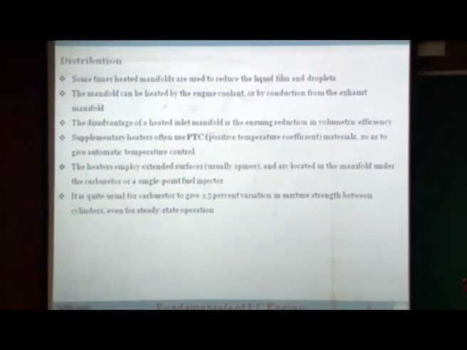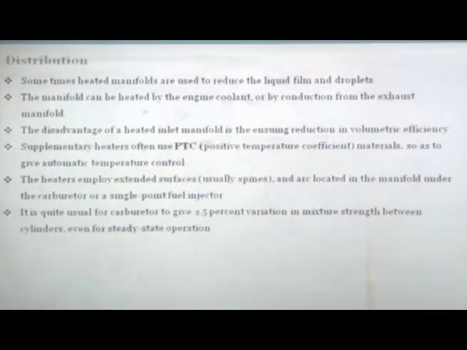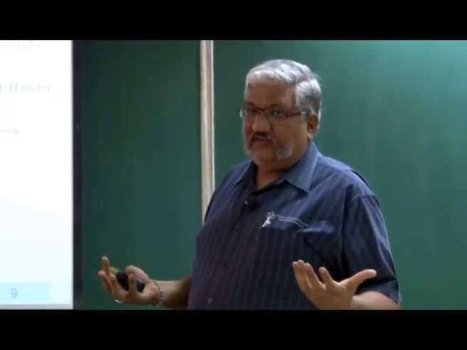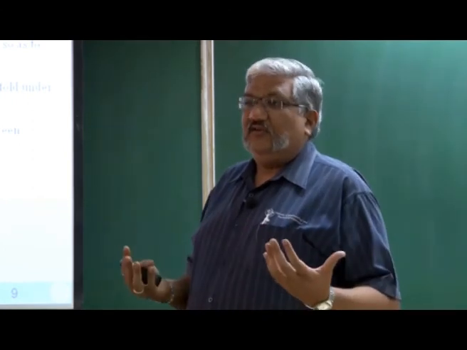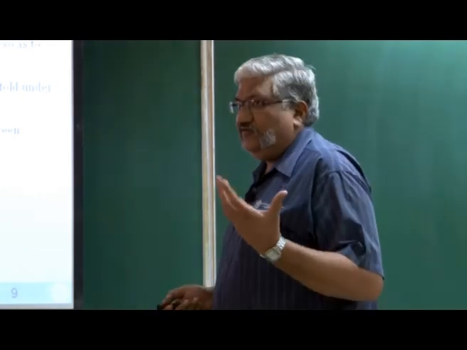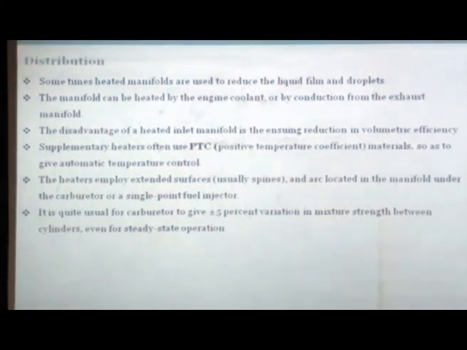So, basically you make some kind of a structure on the surface in order to increase its surface area, and when we increase the surface area, what happens to the heat transfer? It increases, and then you will be able to heat your air from the waste heat of coolant or exhaust gas.